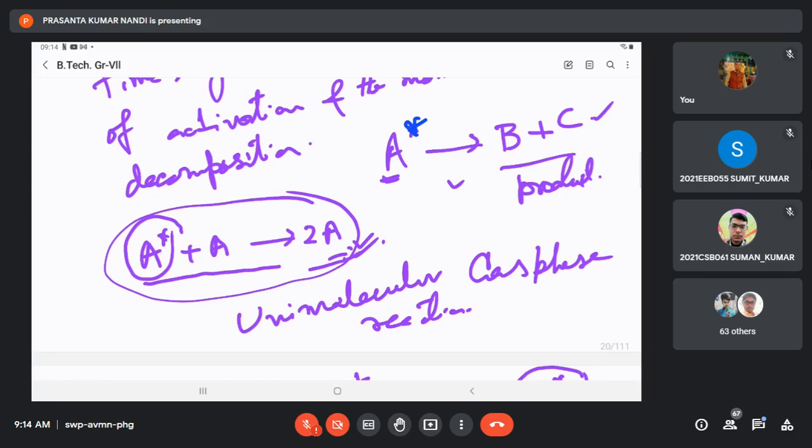So the energized reactant molecule may react as in the third step, but it also has an opportunity to collide with other molecules, or it may collide with the reaction vessel wall for deactivation.